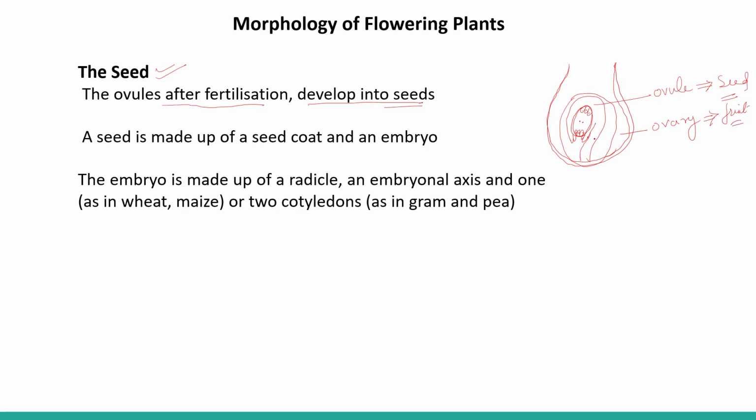Okay. The seed is made up of seed coat and an embryo. After the fertilization, there is double fertilization. The first fertilization is called syngamy, in which one male gamete fuses with the egg and forms the zygote.